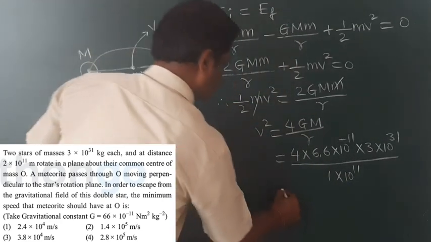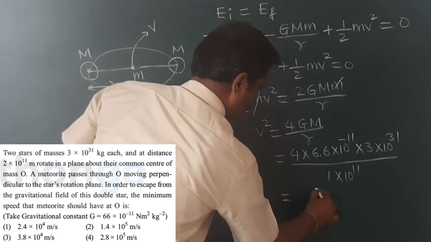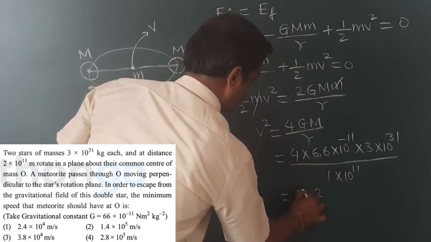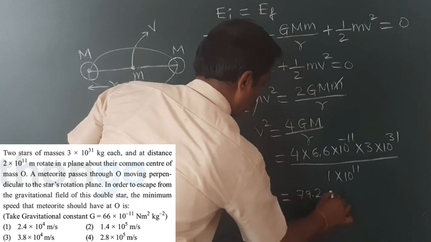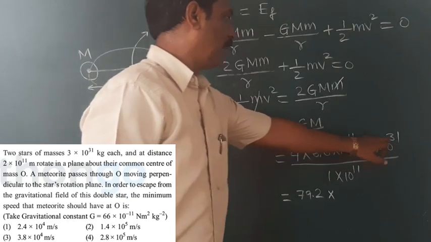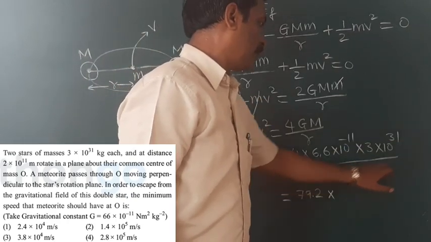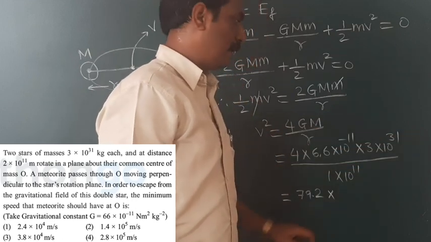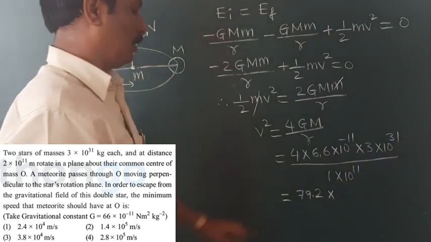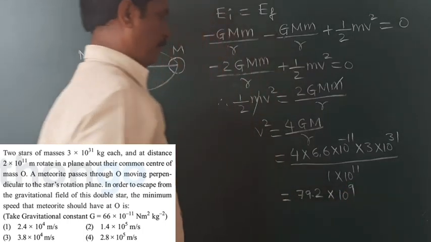Now simplify this. 4 threes are 12, 12 sixes are 72, 12 sixes are 72, carry 7, 79. So 79.2, and 10^-11 times 10^31 is 10^20, divided by 10^11 gives 10^9.